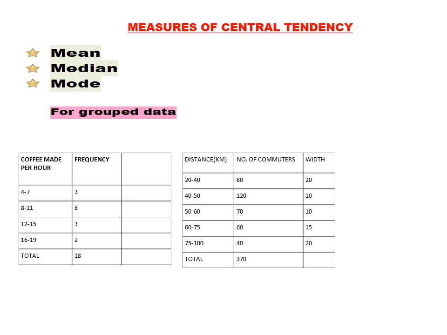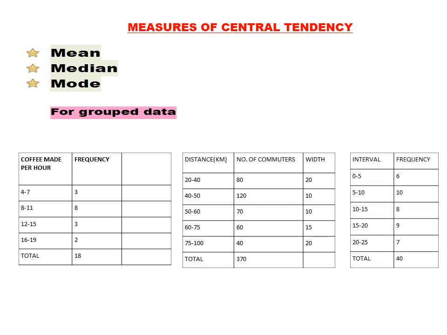The next type is 0 to 5, 5 to 10, 10 to 15, 15 to 20, 20 to 25. That means both specifications are met. Your intervals end at the same point where the next begins, like 0 to 5, 5 to 10, 10 to 15, right? The upper limit and the lower limit of consecutive intervals are equal. And the second thing is the width size is 5 overall.